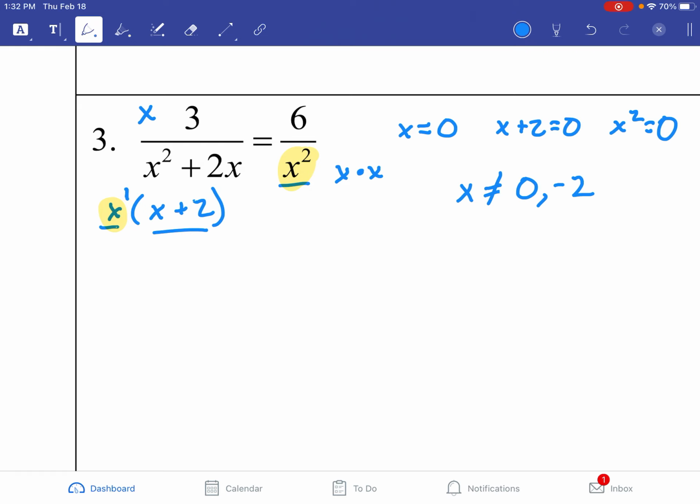On the other side, it has the x from that x on the left-hand side, so it doesn't need another one. What it is missing, though, is the x plus 2.